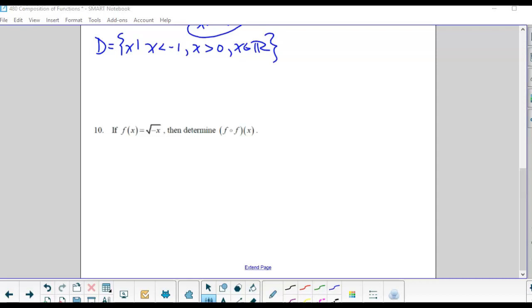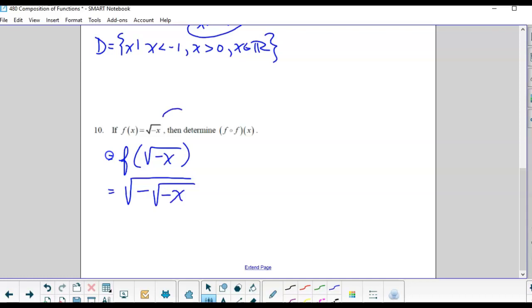Okay, so we have equals f of root of negative x, and then the root of negative x. So we know here that x would have to be less than or equal to 0, so that when we take the opposite sign of it, it becomes positive, radicand.